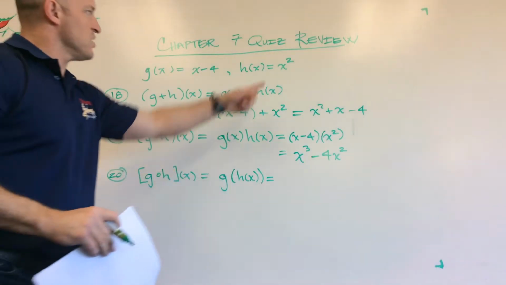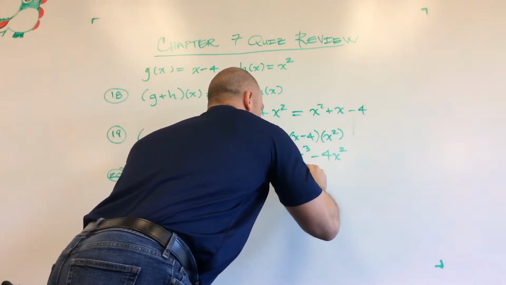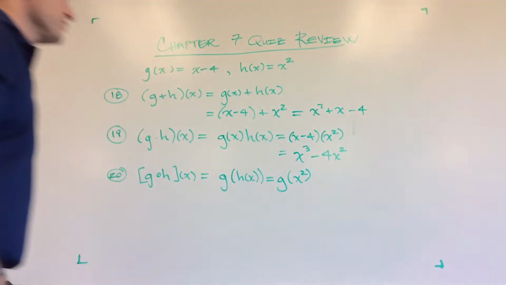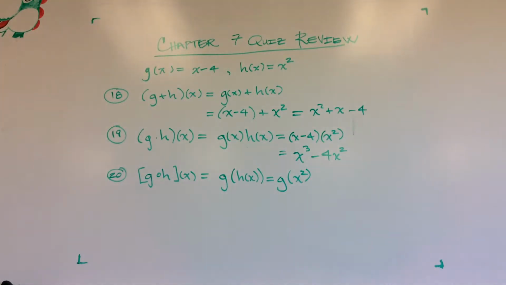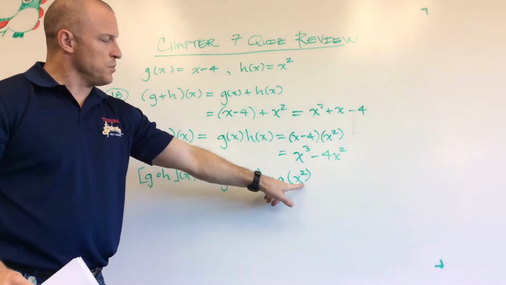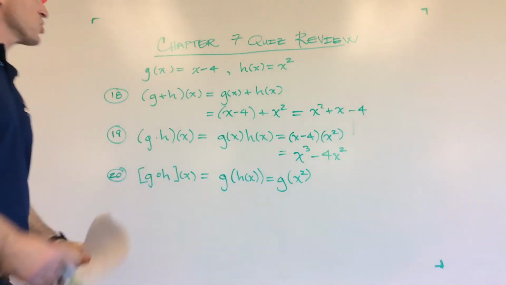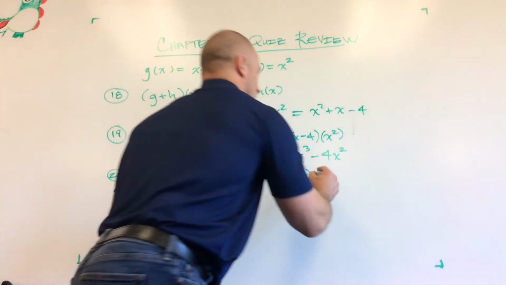Well, h of x is just x squared, so the new input for g is x squared. g normally says x minus 4 would be the value, but we're going to take this new input x squared and replace every instance of x with that. So we're going to get x squared minus 4.